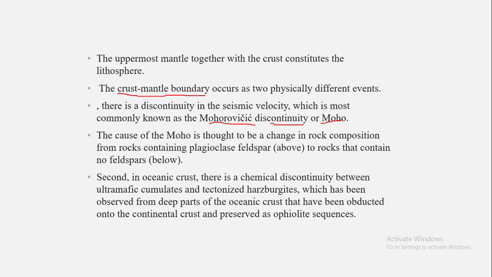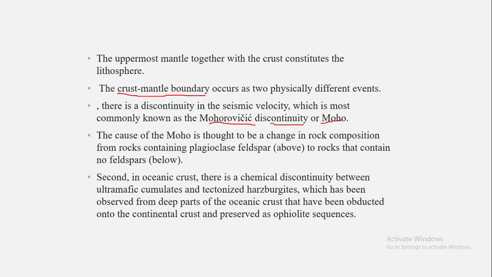Above this discontinuity we can see rocks containing plagioclase feldspar, and below it we see rocks with no presence of feldspar. So the composition of the rock changes, with plagioclase feldspar in the upper portion and none in the lower portion. That is the first thing.